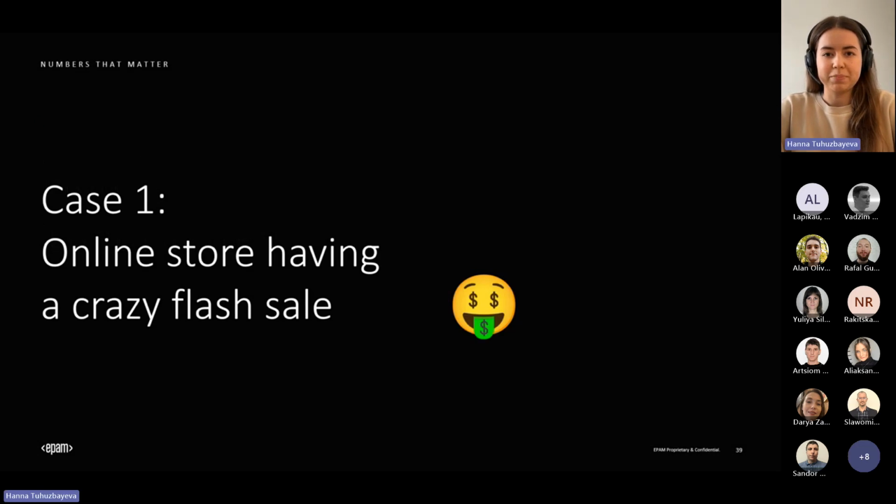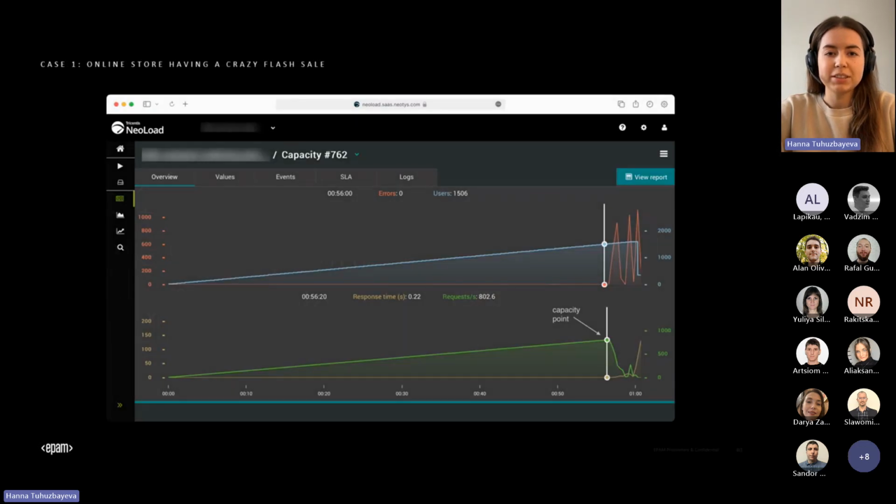The classic one. Picture a popular online store having a crazy flash sale, with lots of people rushing to the site all at once. With the help of performance testing, we can predict if the website can actually handle such a sudden rush of customers. Therefore, we've created a test simulating such a situation.